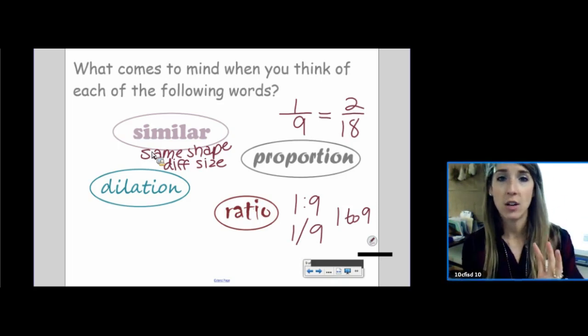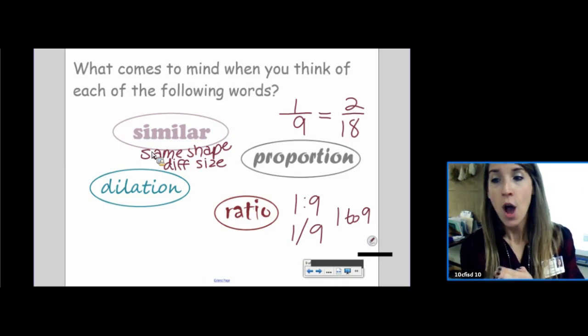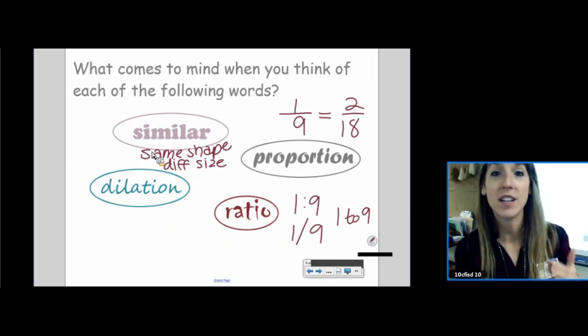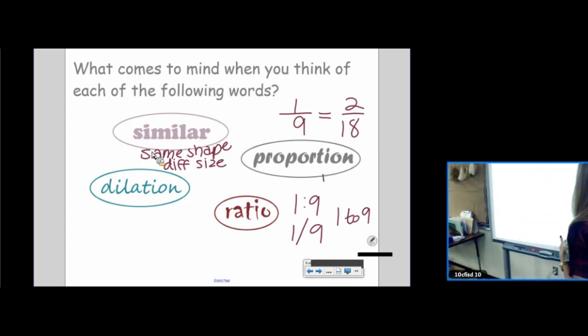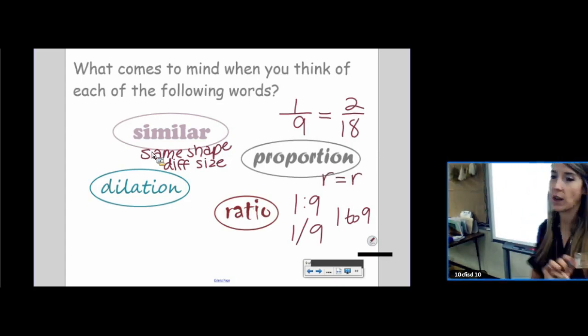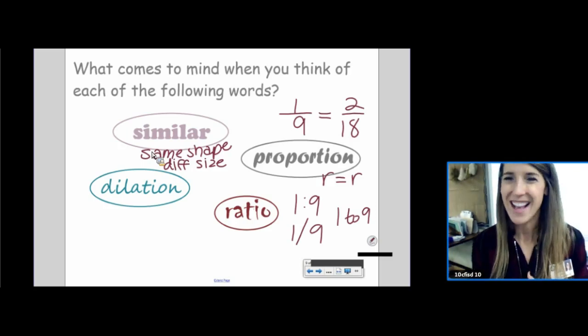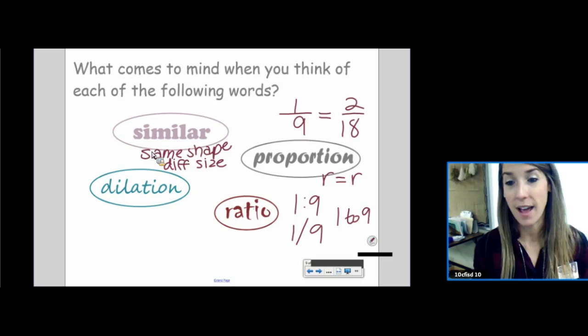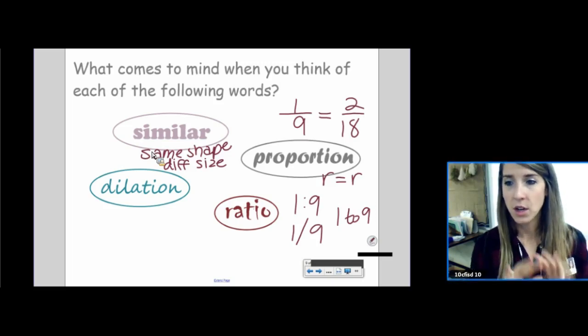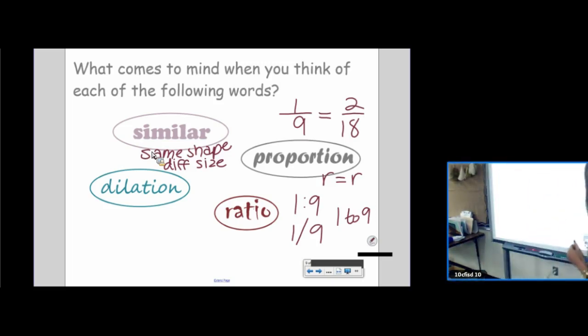So a ratio is just a comparison of two numbers. A proportion is a comparison of two ratios. It's two equal ratios. So the ratio equals another ratio. A fraction equals a fraction. And of course, when we're missing something in our proportion, we're going to cross multiply. So these are all things that are going to come up in this unit.